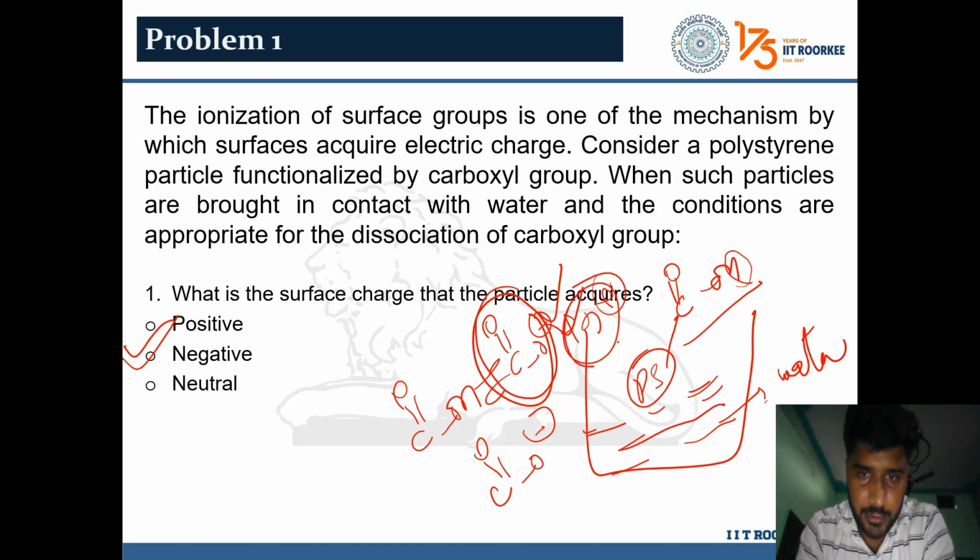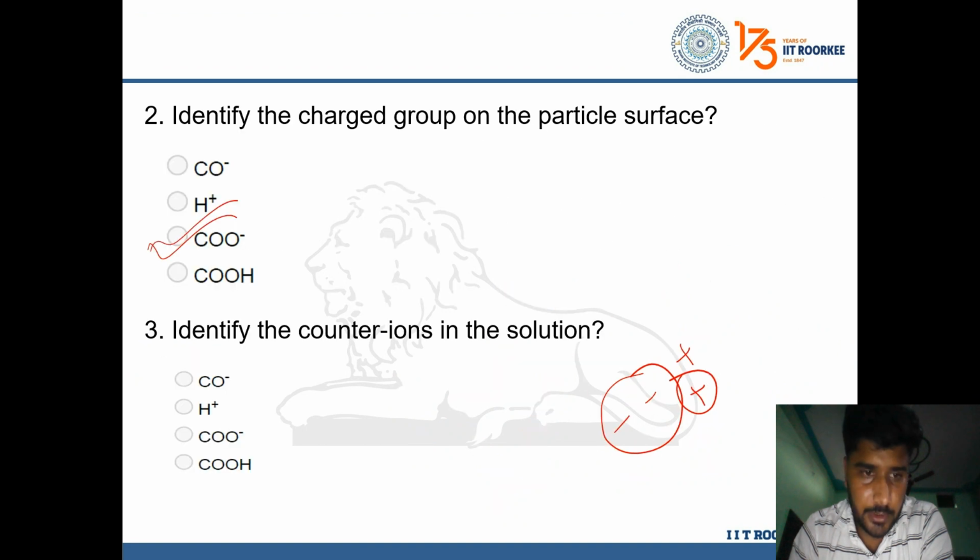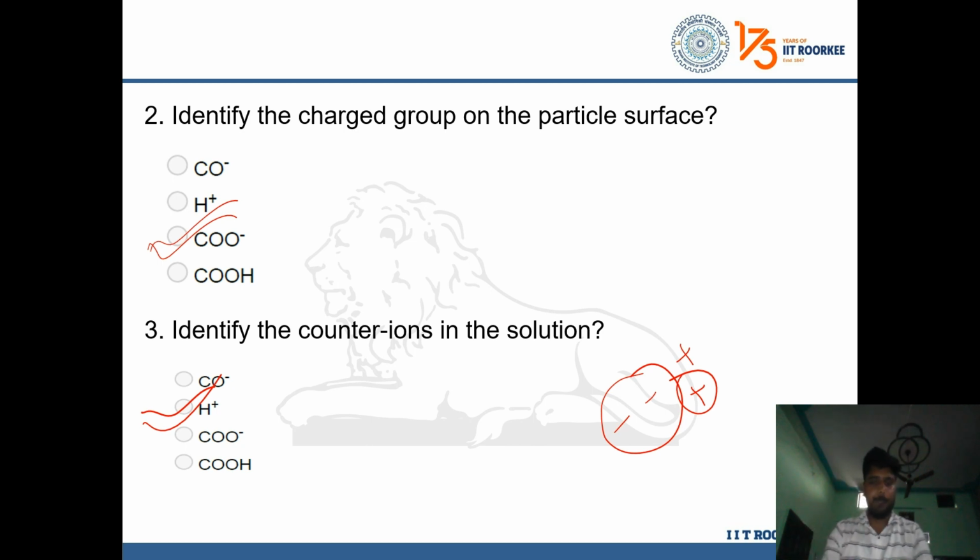So here the H positive ions are the counter ions in the solution. This is basically a problem dealing with the generation of surface charge, how a functional group dissociates, and how it shows the surface charge on the colloidal particles.